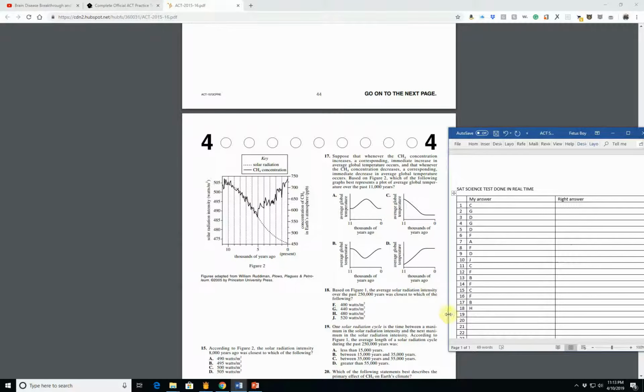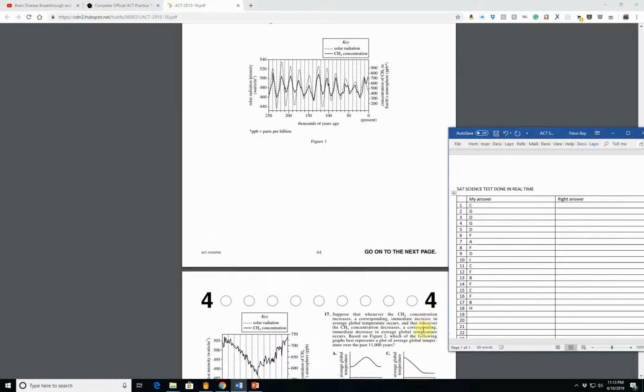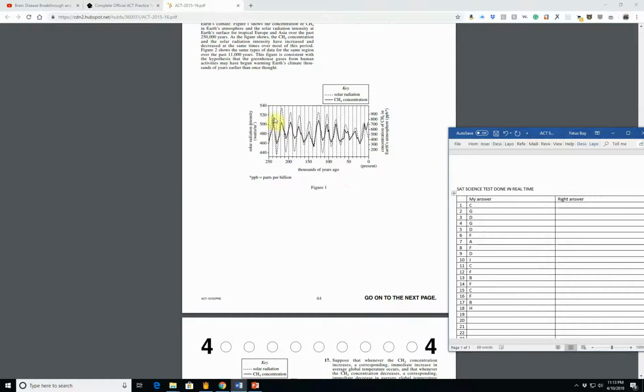Okay, 19, one solar radiation cycle is the time between the maximum in the solar radiation and the next maximum. What is the average length of a solar radiation cycle in the past 250,000 years? Looks like 10, 20, 30, 40, 50.